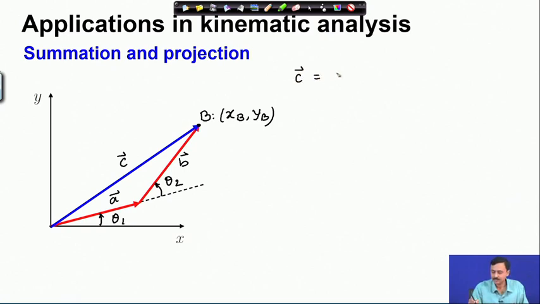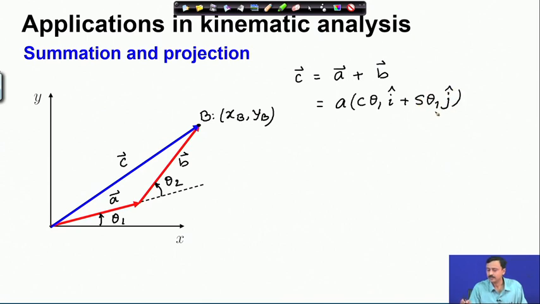So, vector C is nothing but vector A plus vector B. Vector A is magnitude of A times cosine theta 1 i cap. I am writing C theta 1 for cosine theta 1 plus sine theta 1 j cap. So, again S theta 1 for sine theta 1 plus B times, now cosine, the angle this vector B makes with the x axis.